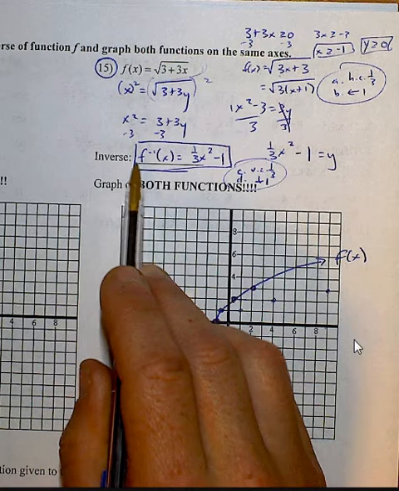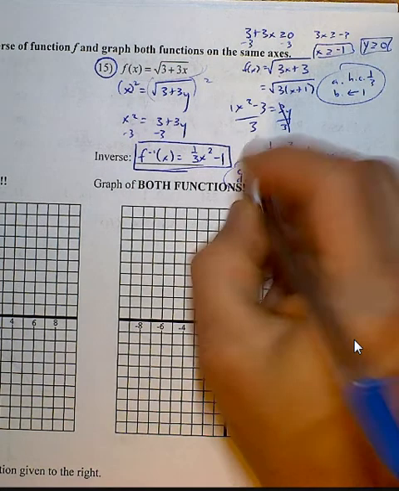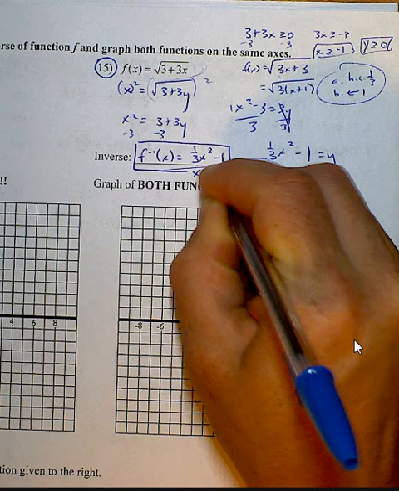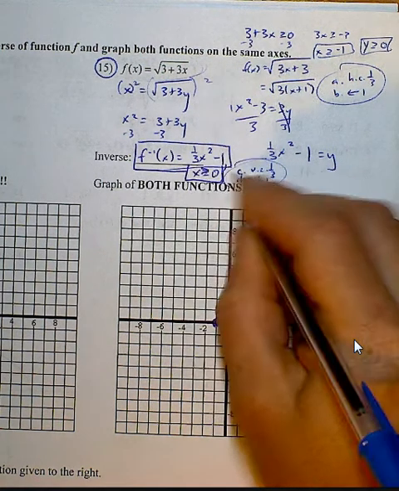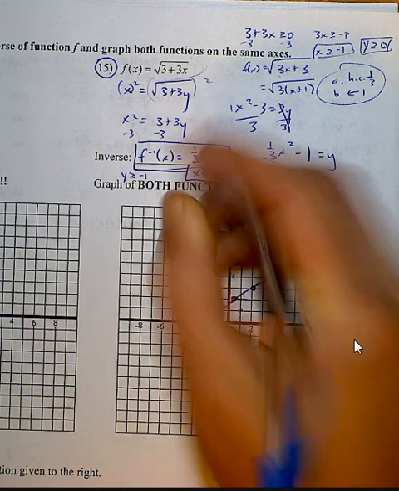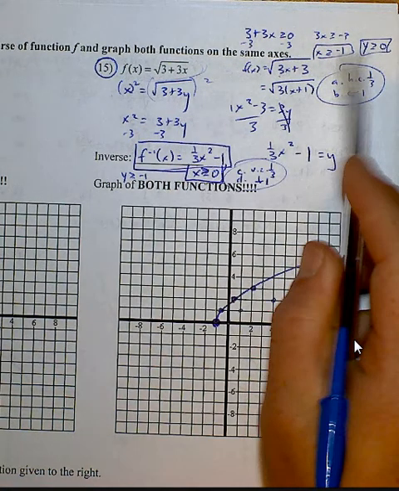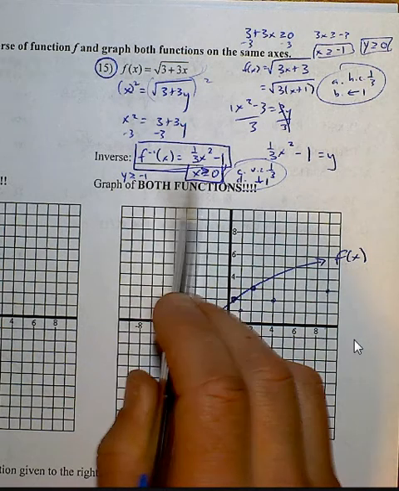So the domain of this inverse needs to be x is greater than or equal to 0. And we should have included that in our definition here. So let's include that: x is greater than or equal to 0. And the range of this function is going to be y is greater than or equal to negative 1. So we're just flipping this domain and range, this x and y, with the x and y for my inverse.